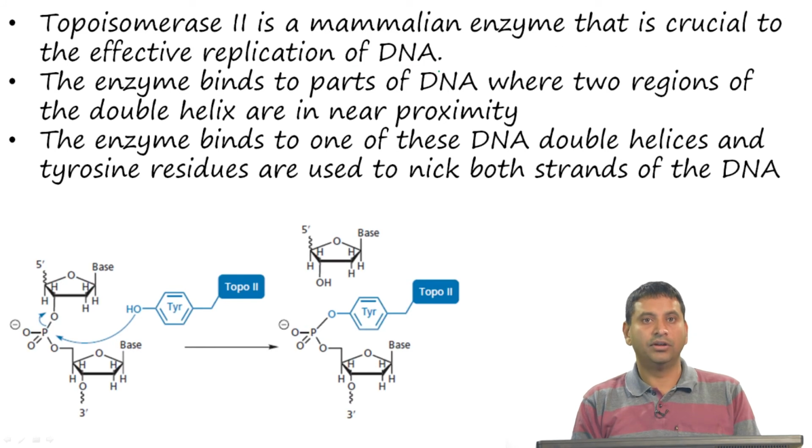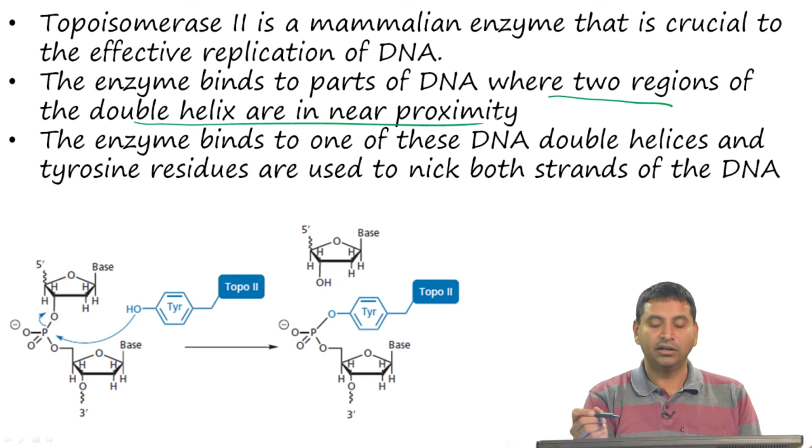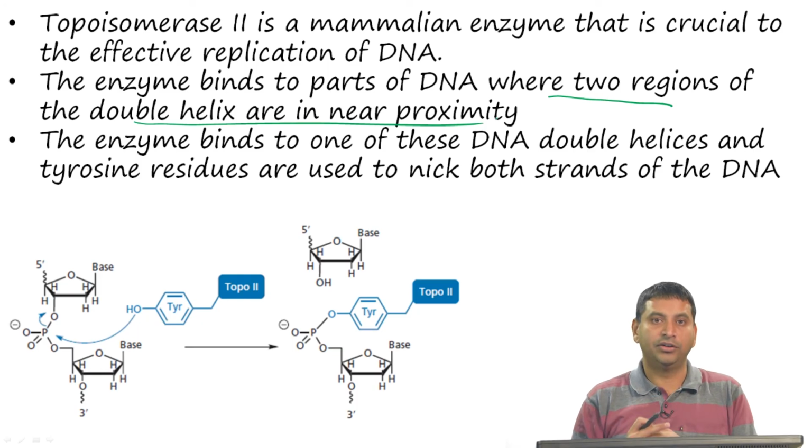We already have learnt in class that topoisomerase II is a mammalian enzyme that is crucial for effective replication of DNA. This enzyme binds to parts of DNA where two regions of the double helix are in near proximity. Then the enzyme binds to one of these DNA double helices, and the tyrosine residues are used to nick both the strands of DNA, right.